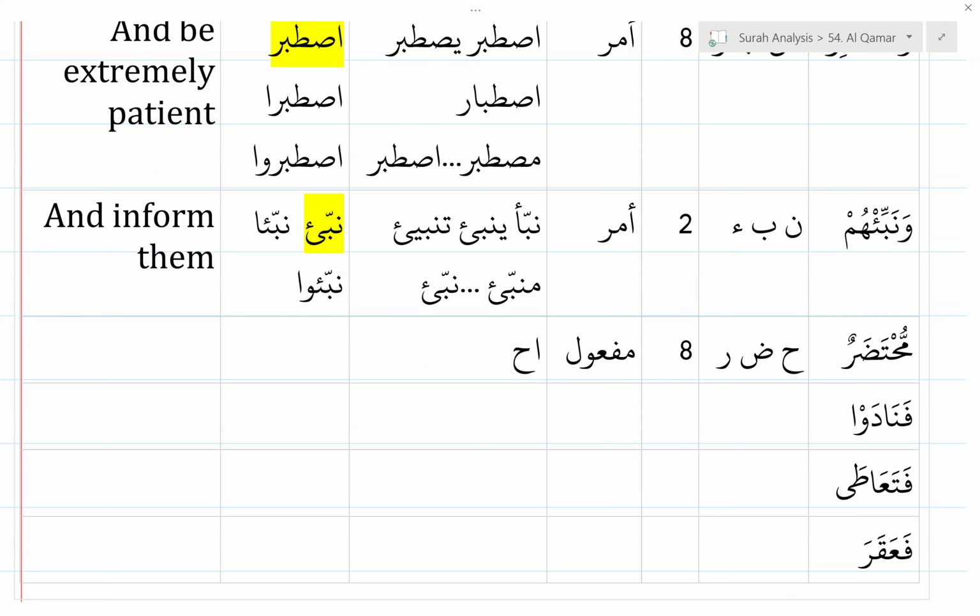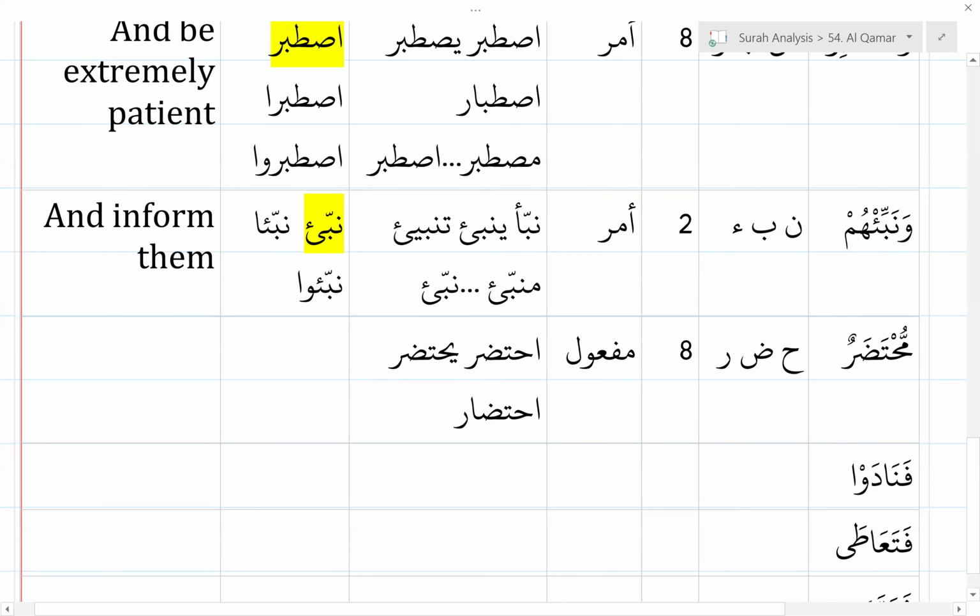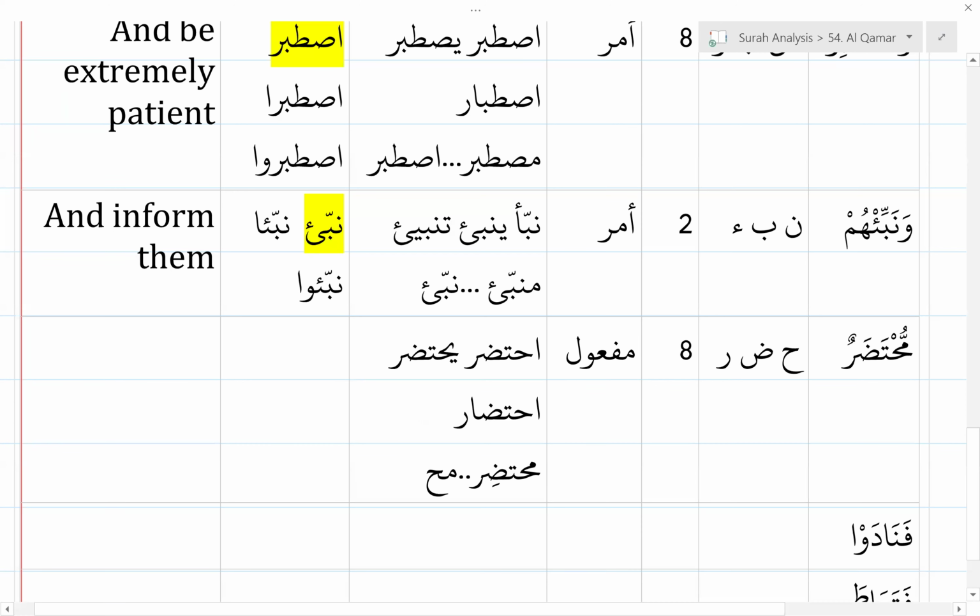So اهتزر يهتزر اهتزارا. فهو مهتزر. محتضر. مهتزر is مفعول به and اهتزر is the amr. So محتضر, this is what we're looking for. مهتزر. Yes, محتضر. مفعول. This is اسم مفعول.